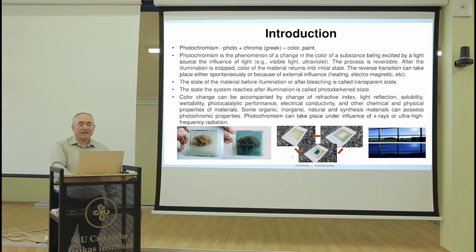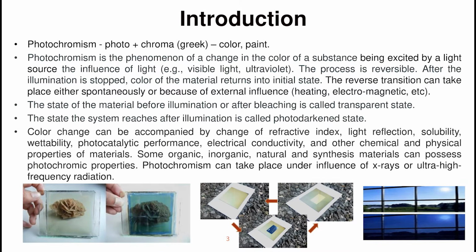Photochromism stands for the change of color of a matter under the influence of light. Photo is light, chrom is color. So photochromism is the change of color under the influence of electromagnetic radiation on matter. Here we need to know some terminology.